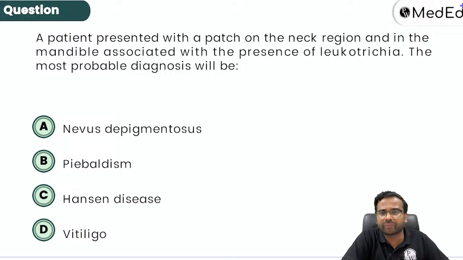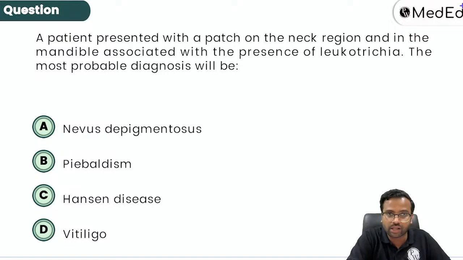Now here the examiner has not given us a diagnosis, or an image as well. What are the options? We have to imagine that there is a patch in the neck along with the mandible, and that all the beard hair is also affected with white color. That is called leukotrichia.